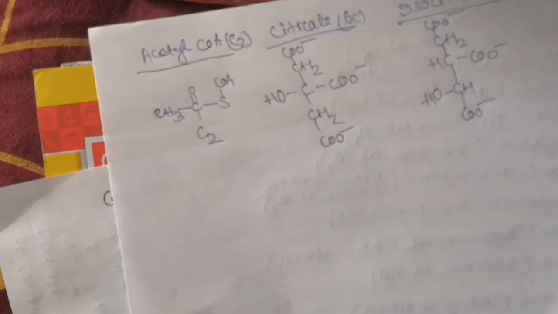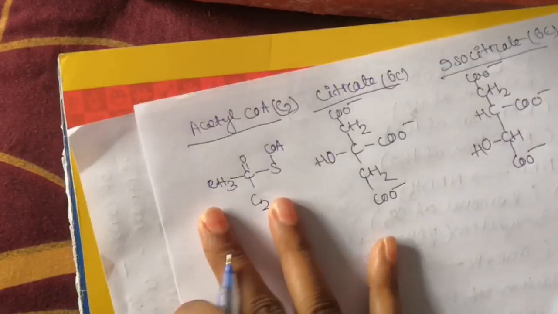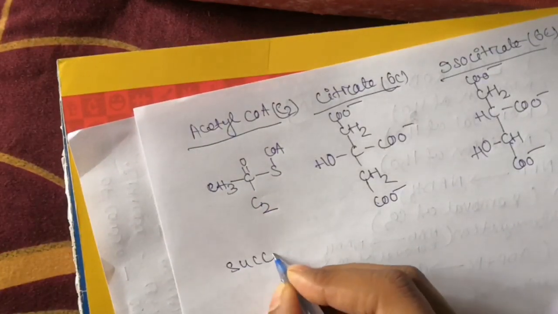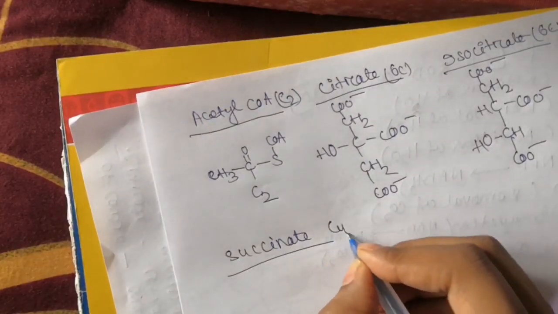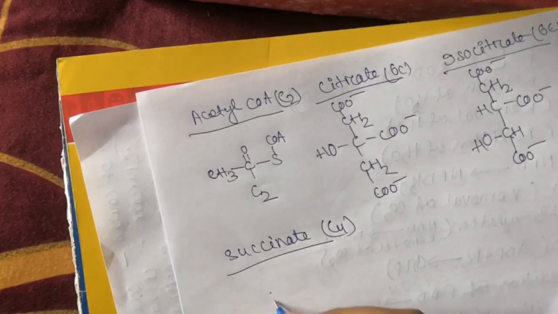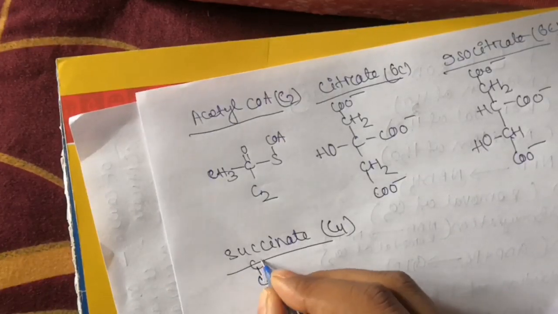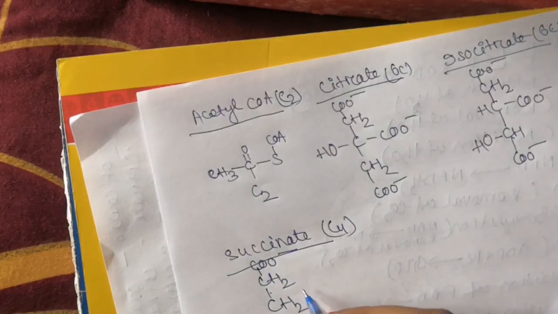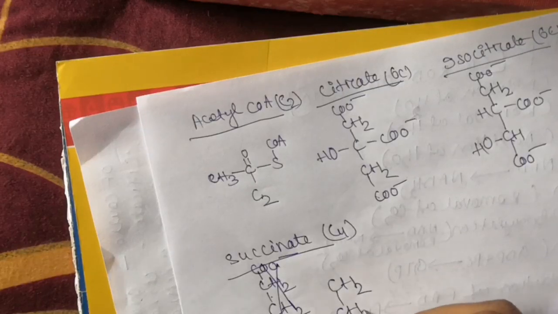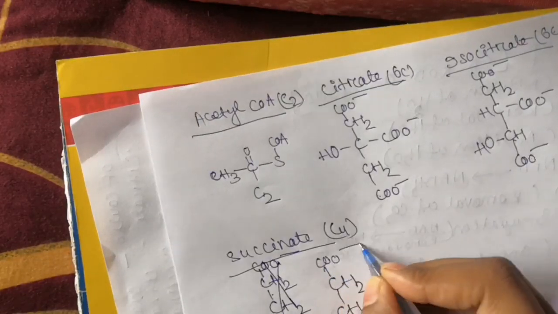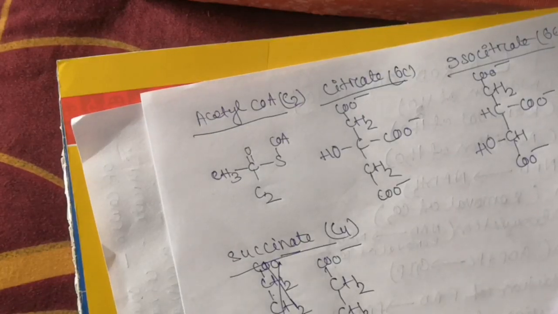Next is succinate, which is 4 carbon: CH2 CH2 COO minus, COO minus.